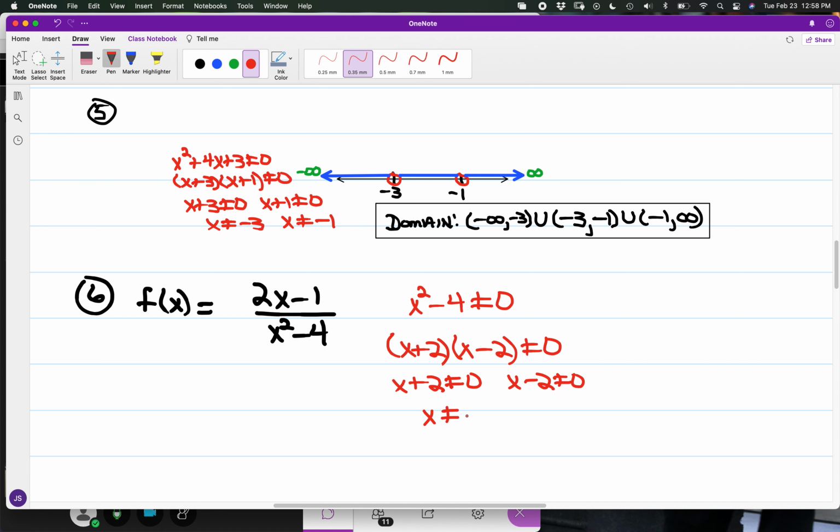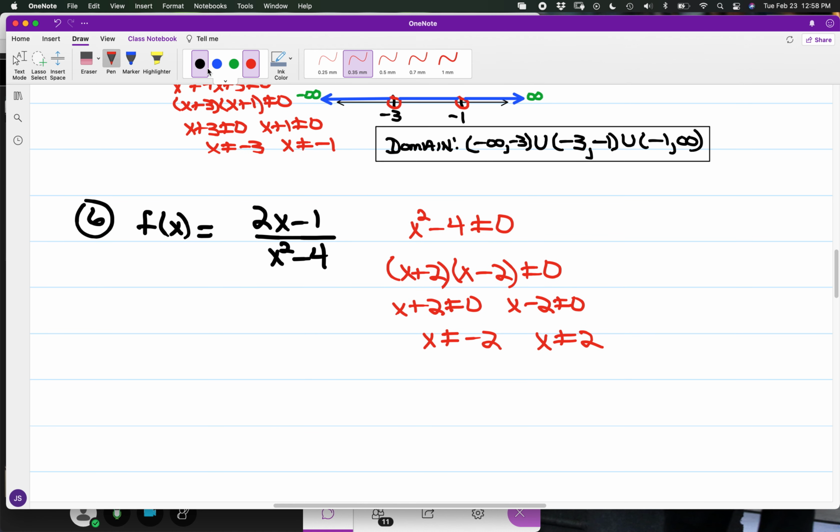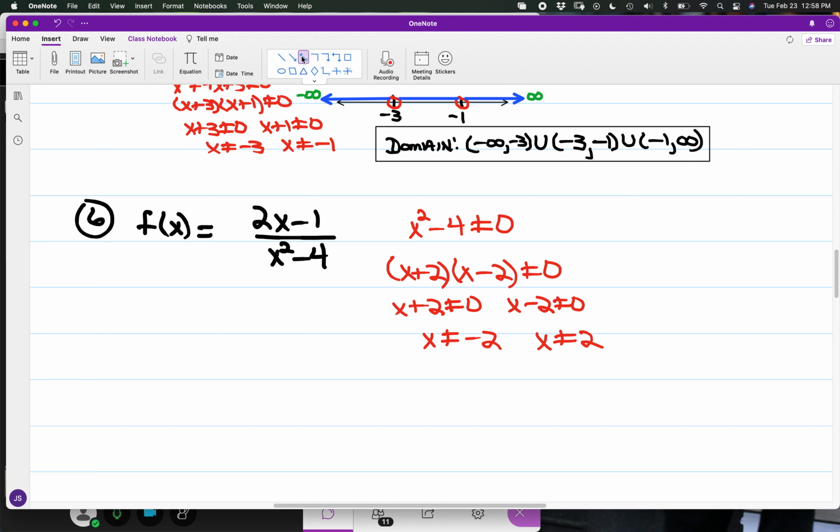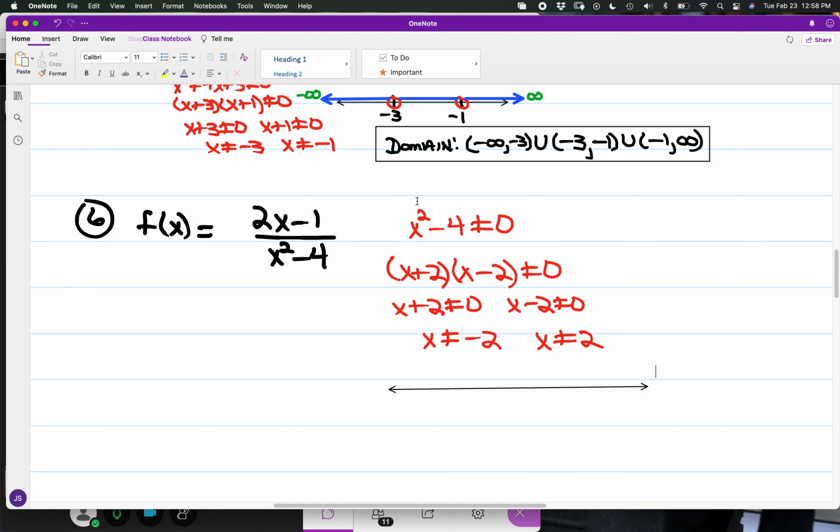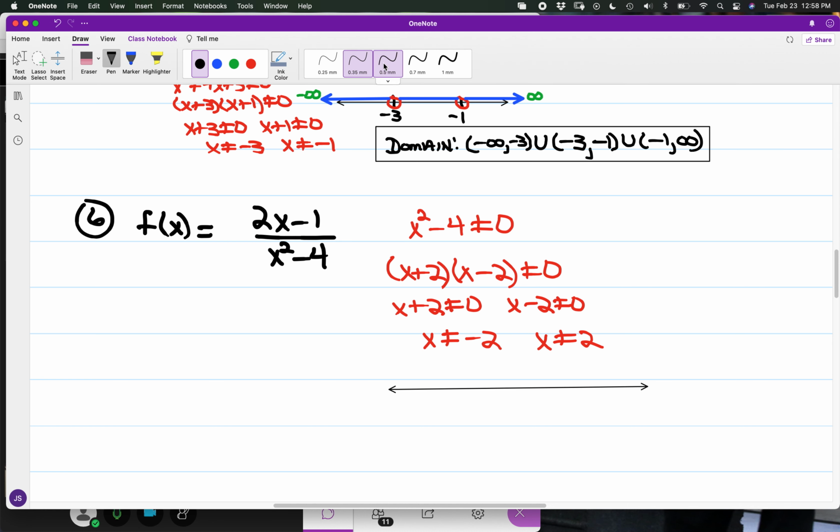With x plus 2, we'll have negative 2 excluded, and with x minus 2, we have positive 2 excluded. So we have the exclusion of additive inverse values, with negative and positive 2 left out.